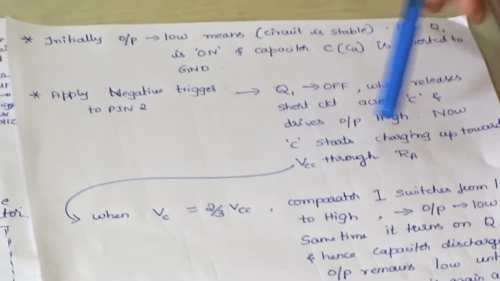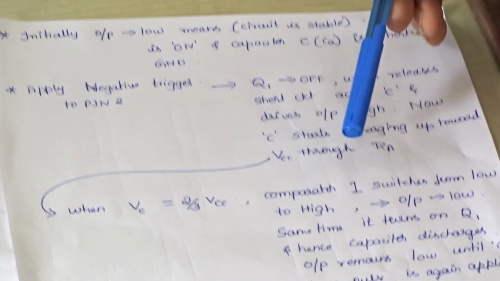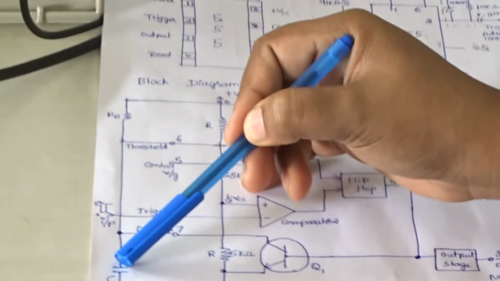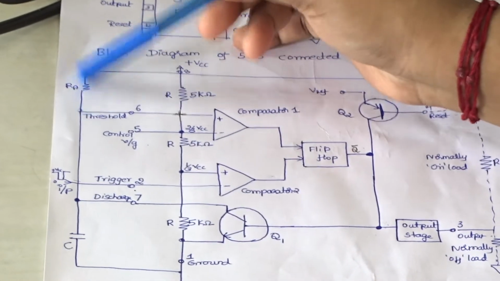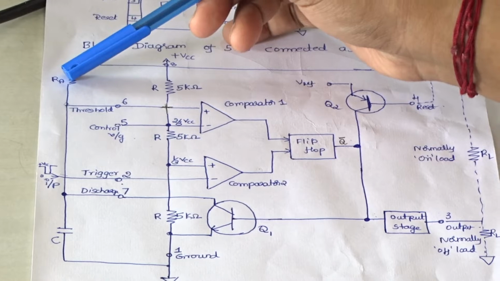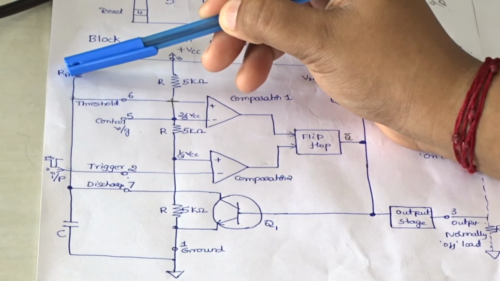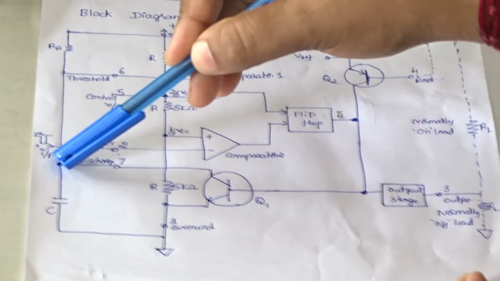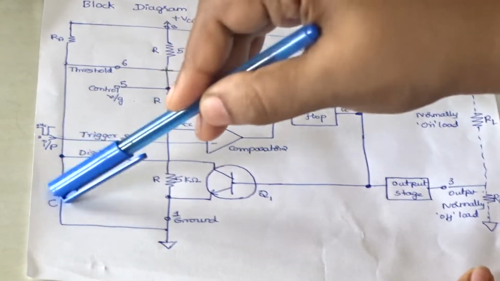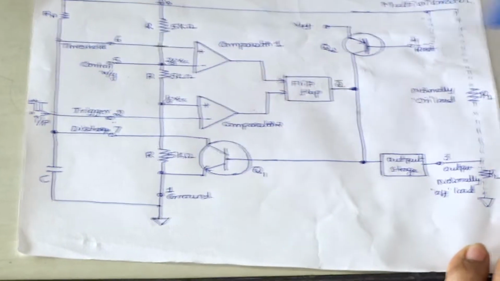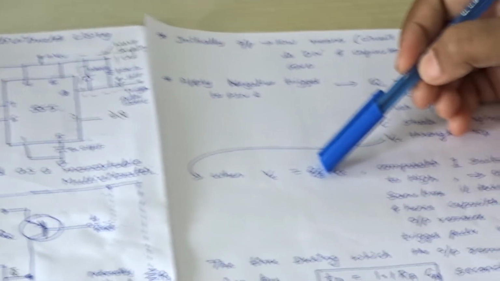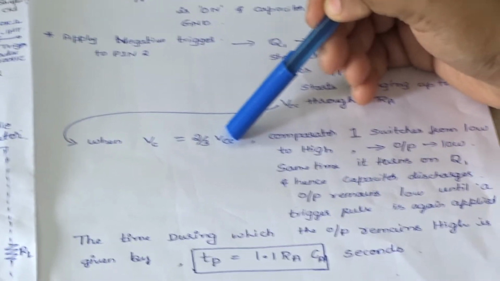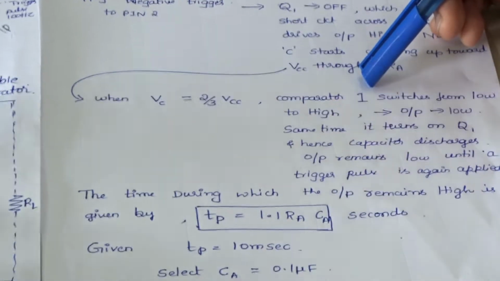Now, C starts charging up towards VCC through RA. So when this is off, the capacitor charges directly through this RA. And then the capacitor will charge towards VCC. Whenever VC, the voltage across the capacitor, reaches 2/3 VCC, your comparator 1, that is this one.